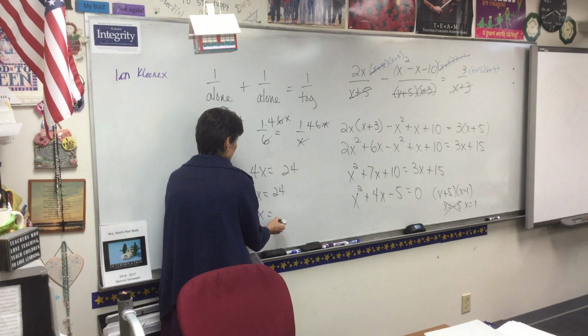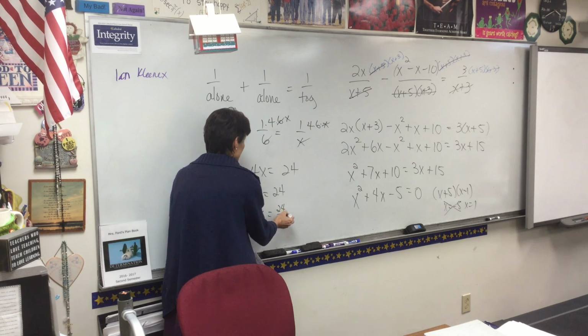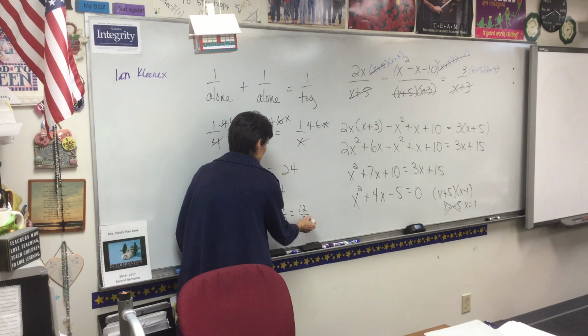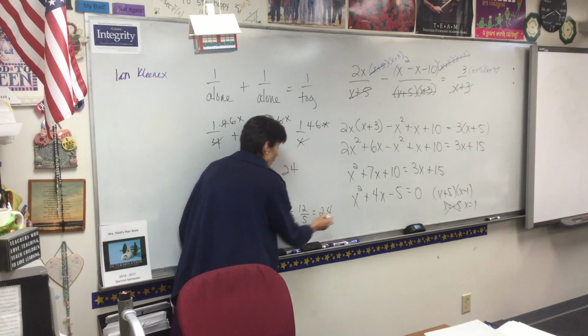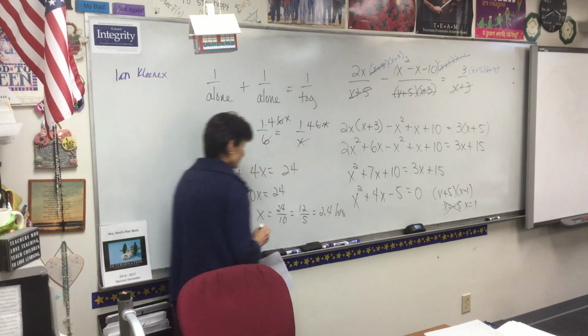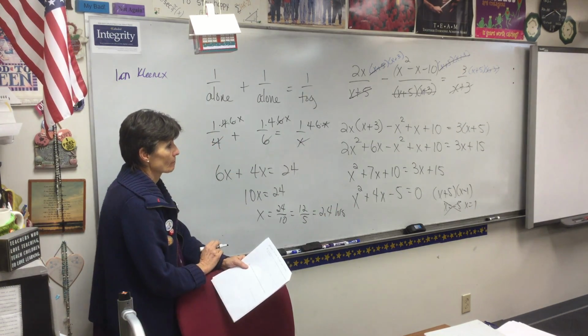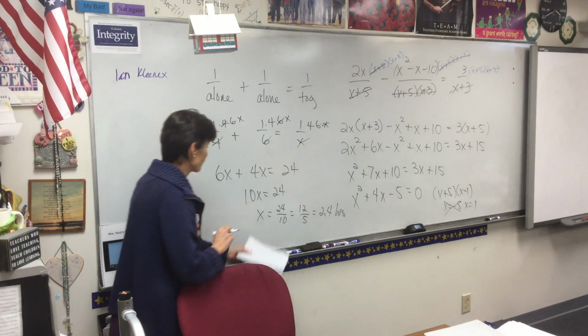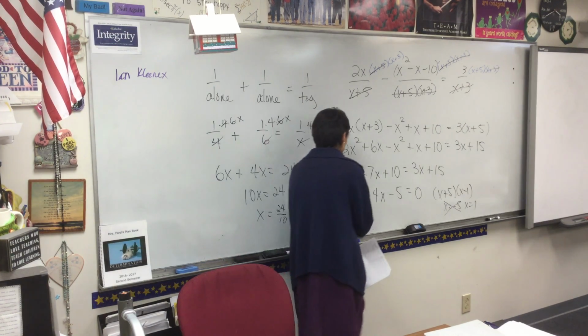And x equals either 24/10, which is 12/5, or some of you might say 2.4. Yeah. And that would be hours. Doesn't matter if you leave it as a fraction or a decimal. Does not matter one bit.